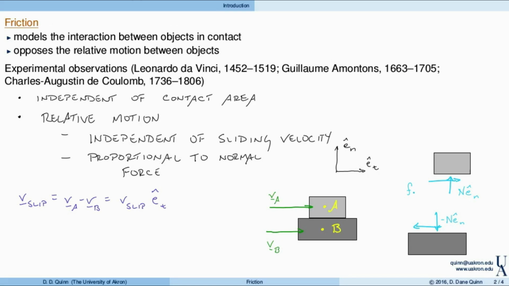And this we'll write as F_r in the e_t direction, and then on the other block minus F_r in the e_t direction. So N is the normal force, and F_r, which again is in the tangent direction, is the friction force. So this is our setup for looking at friction between objects.